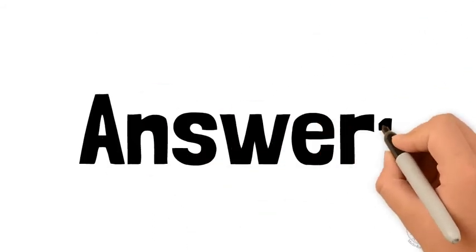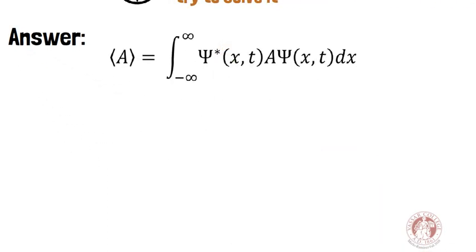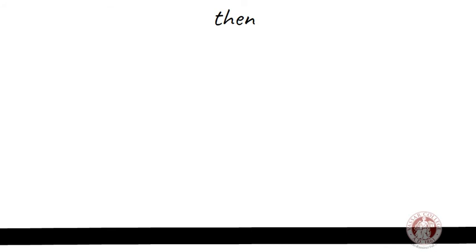Answer. We know that the definition of the expectation value is this. Also, the wave function is defined as follows. If we substitute the wave function into the expectation value definition, we get the following.